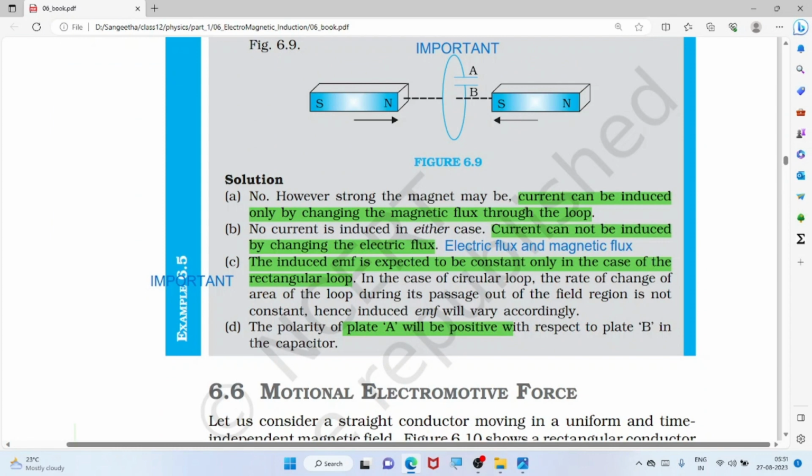The induced EMF is expected to be constant in the case of the rectangular loop. In the case of the circular loop, the rate of change of the area during the passing out of the field is not constant, so the induced EMF will vary accordingly.